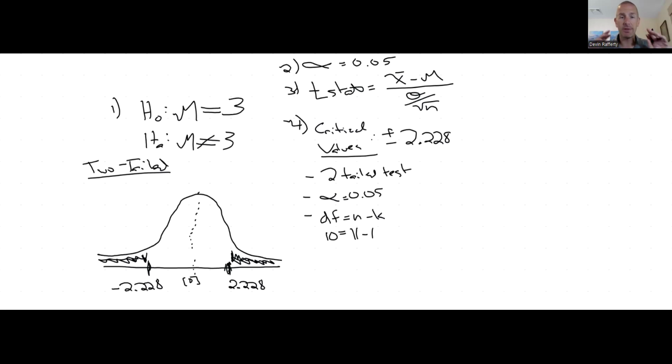So at the end of the day, what's a hypothesis test? A hypothesis test is nothing more than comparing the test statistic against a critical value. If the result of this formula goes past either negative 2.228 or positive 2.228, in other words, if it goes into here, I will land in the region of rejection.